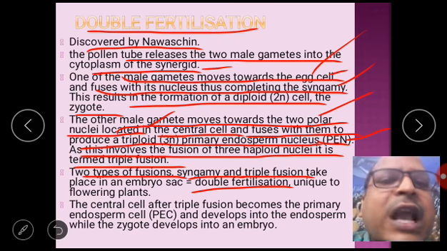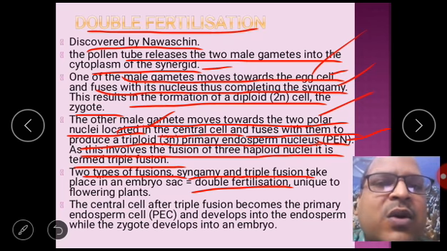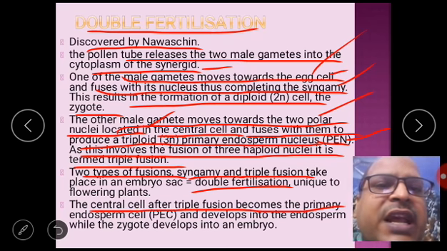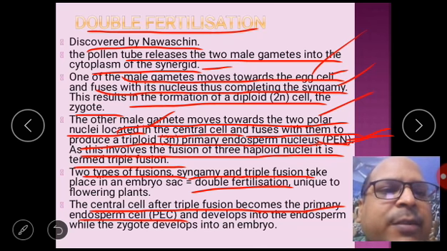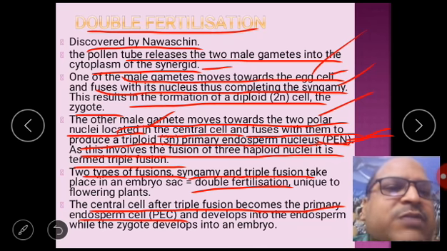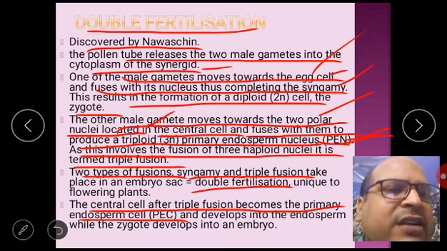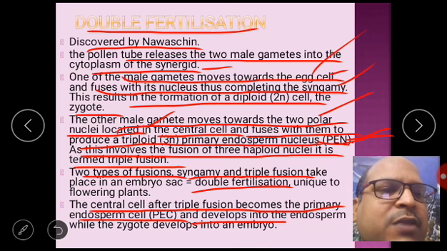Now, the central cell after triple fusion becomes the primary endosperm cell, that is PEC. Okay, because the central cell will have one nucleus which is a triploid. That nucleus is known as primary endosperm nucleus, but the cell is known as primary endosperm cell, and it develops into the endosperm.